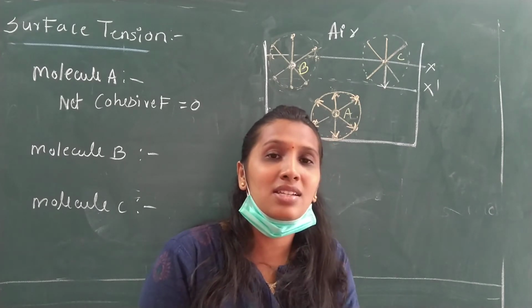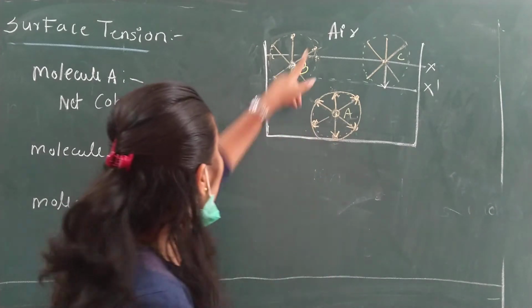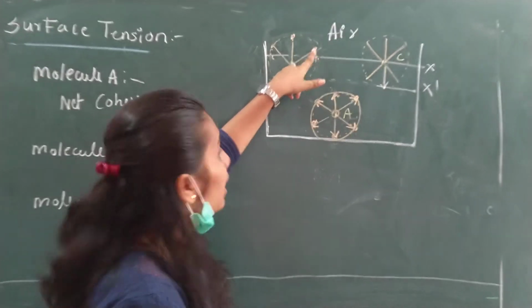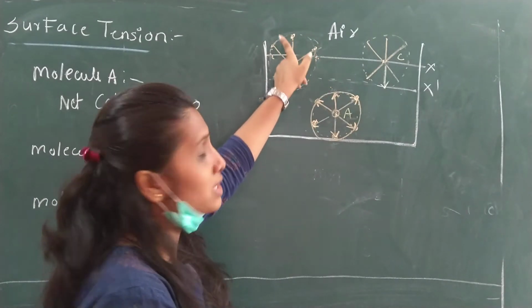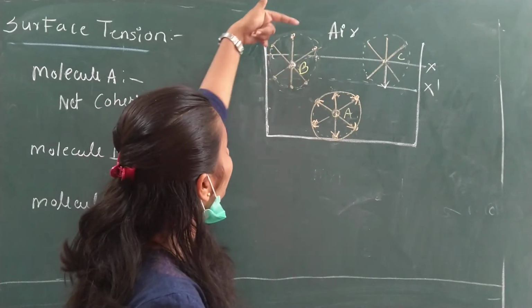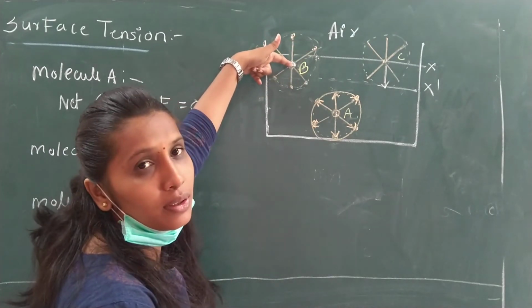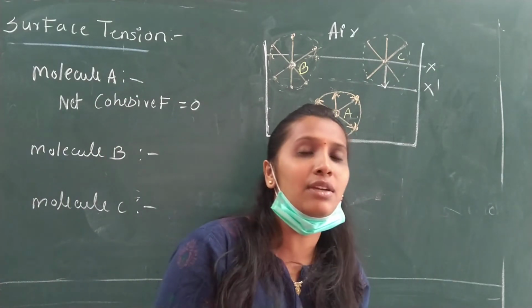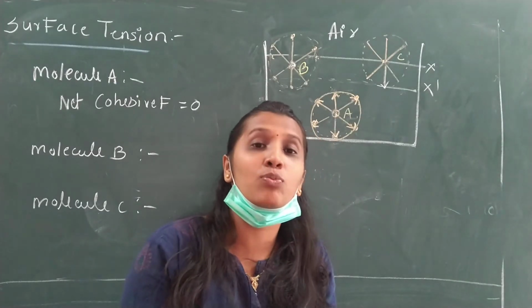So there will be a large amount of cohesive force. This down part will exert a large amount of cohesive force and this upper part will exert an adhesive force because there is one air molecule and there is one water molecule. So as the larger amount of the sphere is inside the liquid, the cohesive force amount is more.